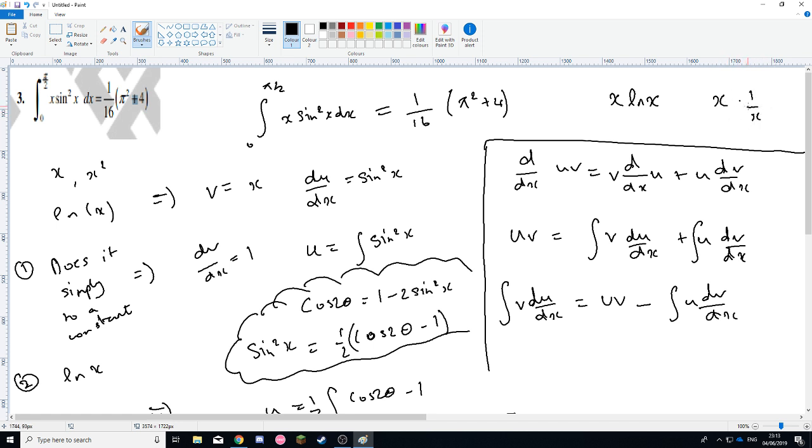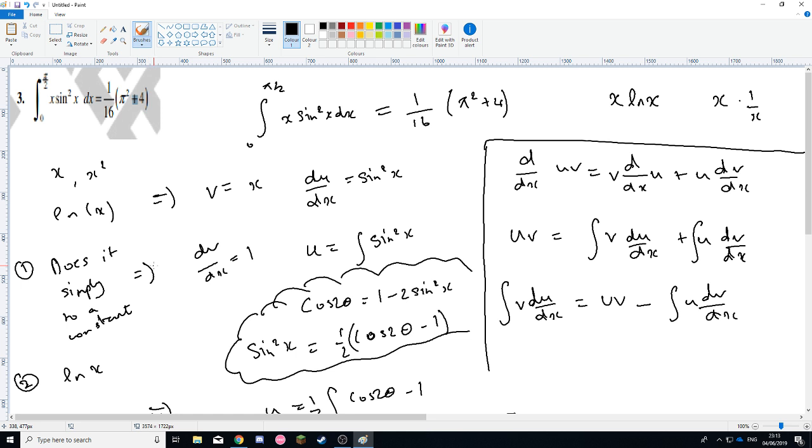So that's very easy to integrate, whereas x ln x is pretty hard. If you tried my first strategy, which is, oh, it simplifies, let me choose x and differentiate that, you get 1, but you're stuck with integrating ln x. That's the problem.